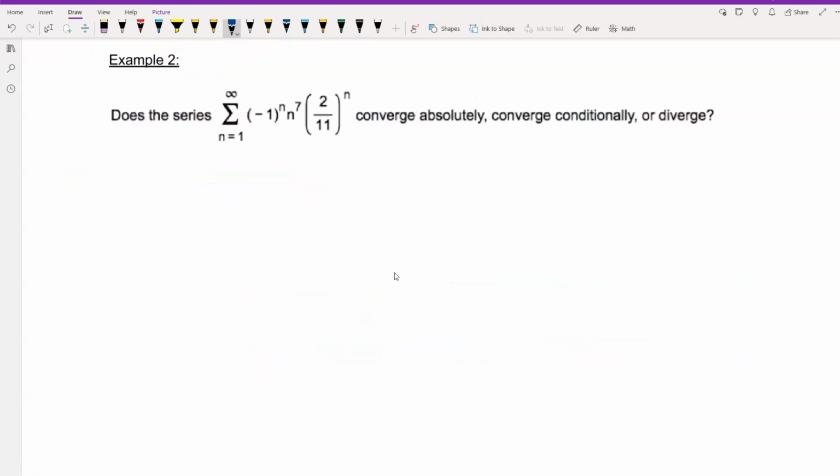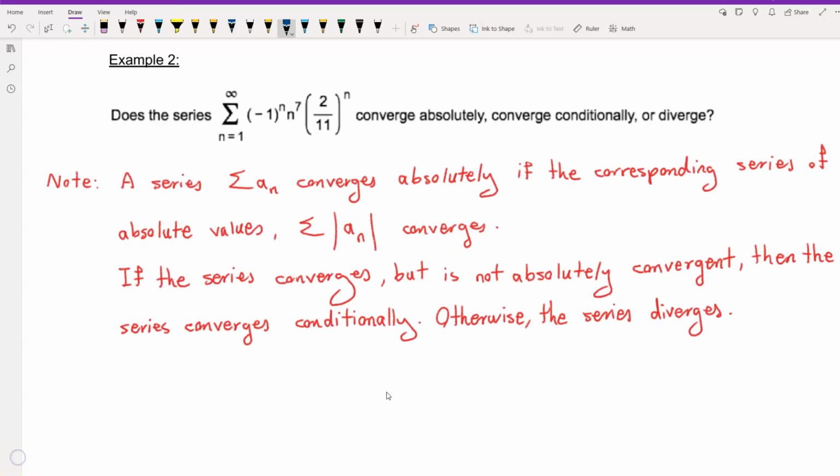Does this series converge absolutely, converge conditionally, or diverge? Here we have the sum of (-1)^n times n^7 times 2 over 11^n, n from 1 to infinity. Before finding the answer, I have this one here.